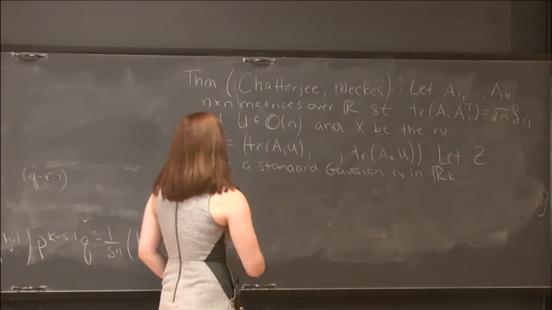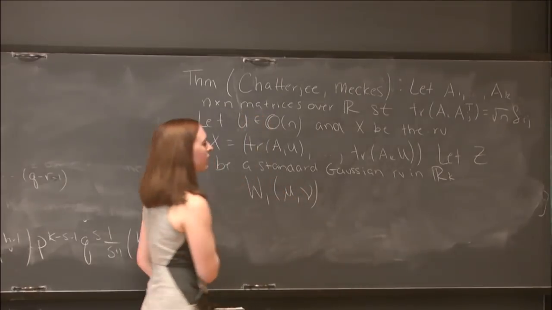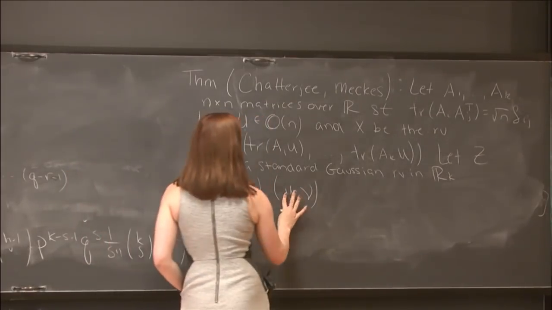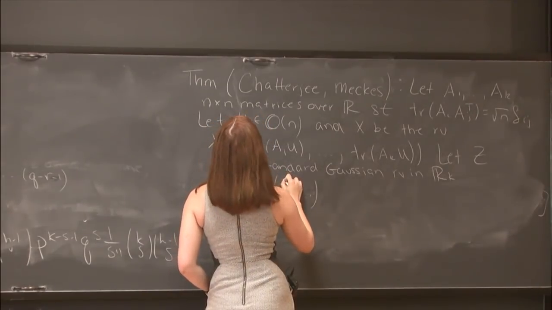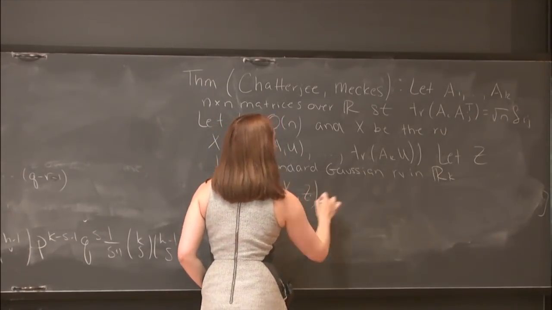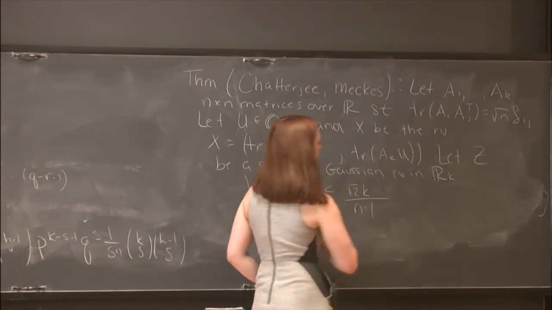Then the L1 Kantorovich distance, which is topologically weaker, between X and Z is less than or equal to root 2K divided by n minus 1.